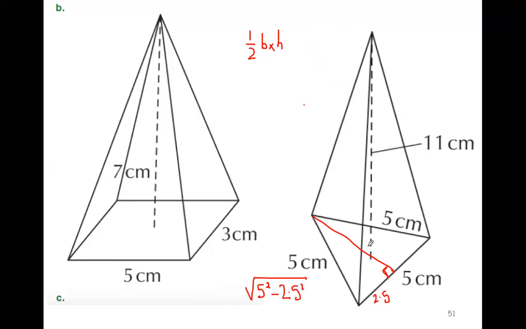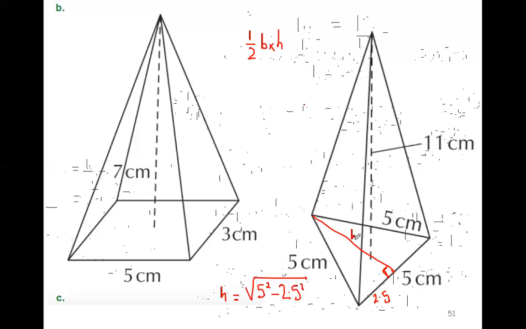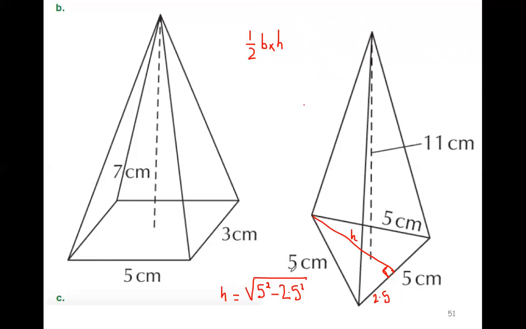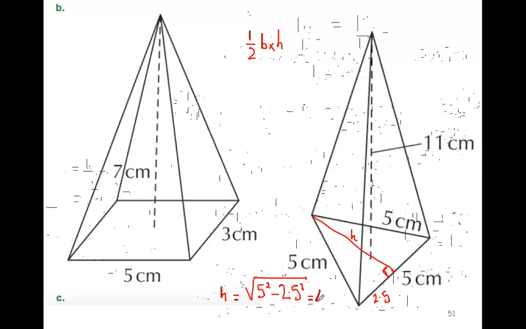And that is the height that I'm looking for. That is h. So you take your calculator, square root of 5 squared minus 2.5 squared, and I get 4.33. So 4.33 is my answer.